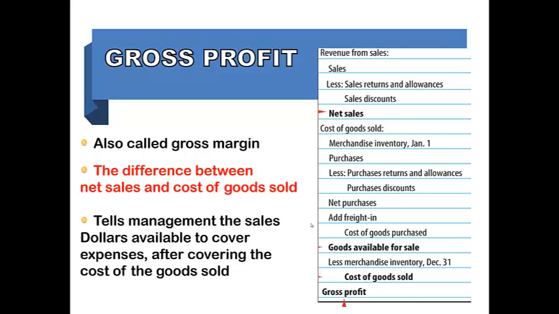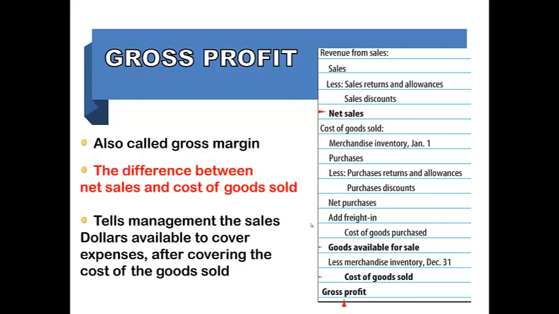So the gross profit has to cover the light bill, all the wages, the insurance, and all the other costs of running a retail store. So the gross profit is a very important figure.